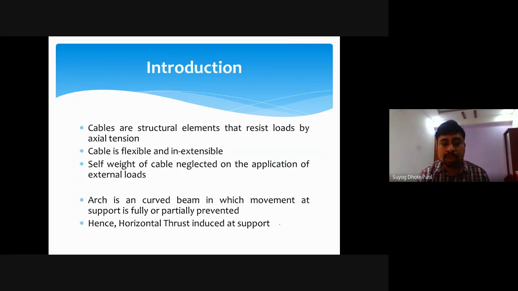An arch is a curved beam in which movement at the supports is fully or partially prevented, meaning movement at the supports is partially or completely restricted. Horizontal thrust is induced at the support because it is the inversion of the cable.